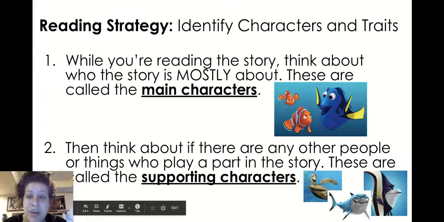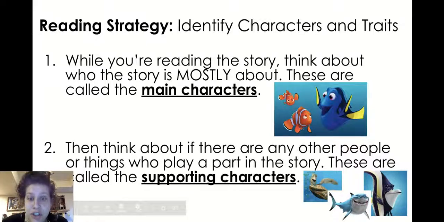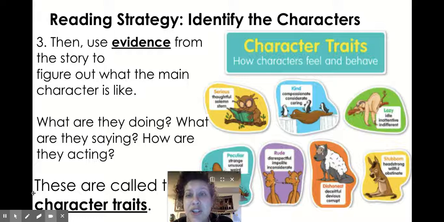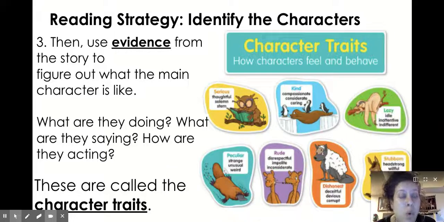Once you've figured out who the main characters are and who the supporting characters are, you are going to think about what they are like. You are going to use evidence from the story to figure out what those characters are like. What are they doing? What are they saying? How are they acting?